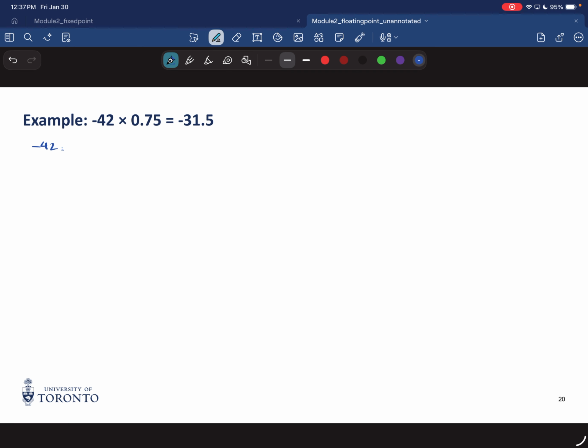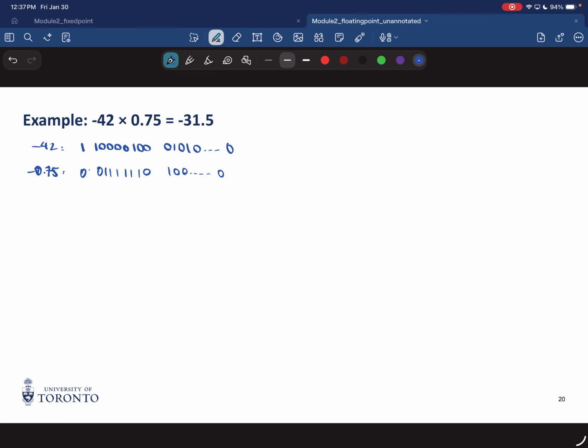So we found that minus 42 is 1, 1, 0, 0, 0, and then zeros. And minus 0.75 is going to be 0, and then the rest of the bits, zero.